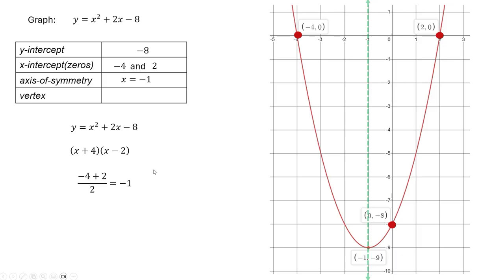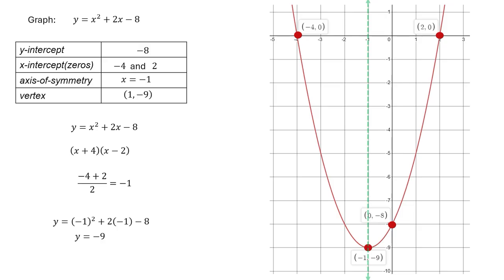If we plug that x value into our original equation, we get a y value for the vertex. So we'll plug that negative 1 in. We come up with a value of negative 9. So our vertex is negative 1, negative 9.